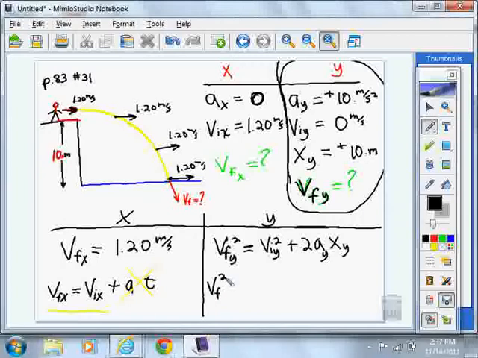So we know that the final velocity squared in the y direction would equal the initial velocity, which is 0, plus two times 10 meters per second squared times the distance the diver drops down, 10 meters.